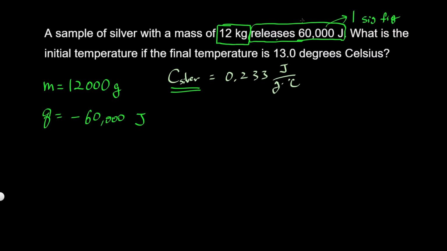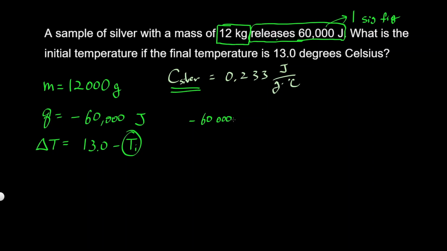What is the initial temperature? Remember, delta T is going to be T final, which they give you, 13.0, minus T initial. We're looking for that T initial. Let's set it up. Negative 60,000 joules. This time I'm not going to write down all the units here.